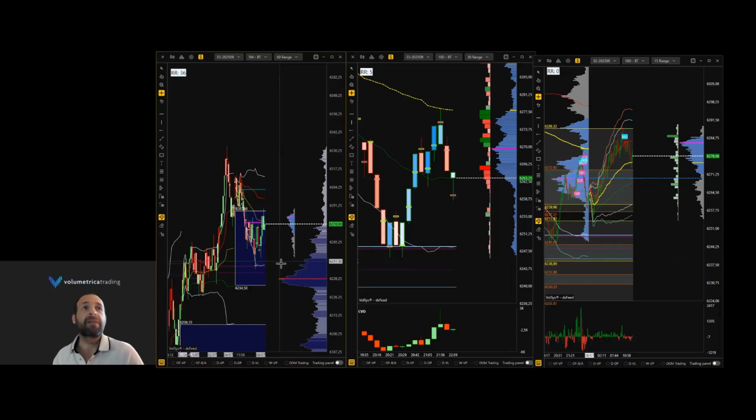It was basically the only real distribution zone that the price had left behind as it kept rising in the previous days.